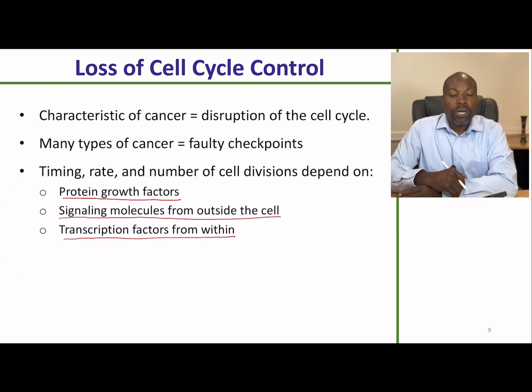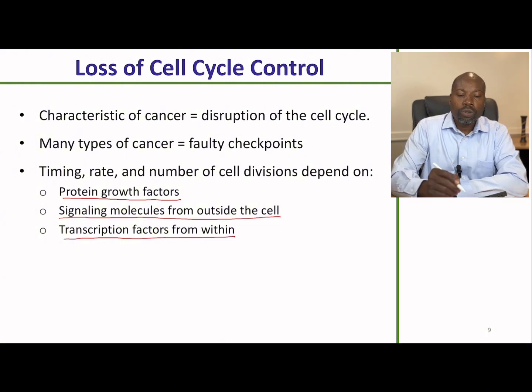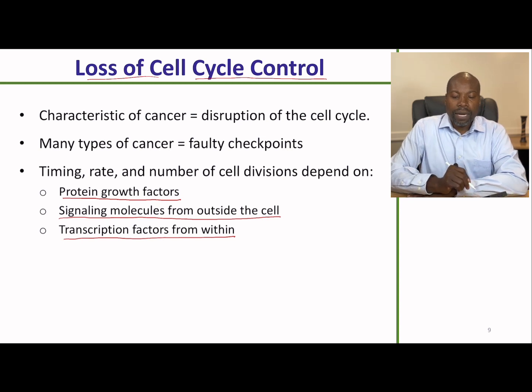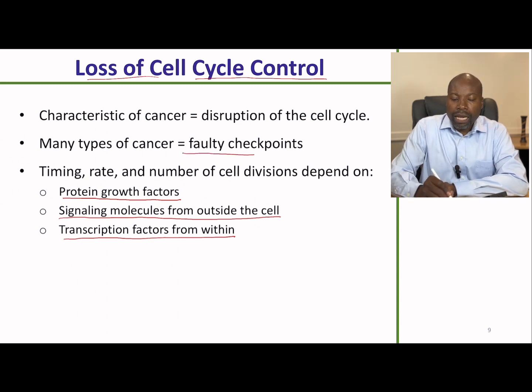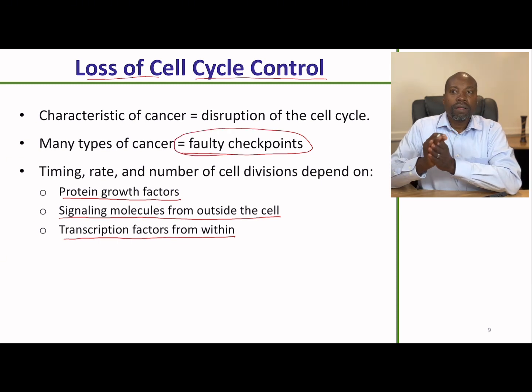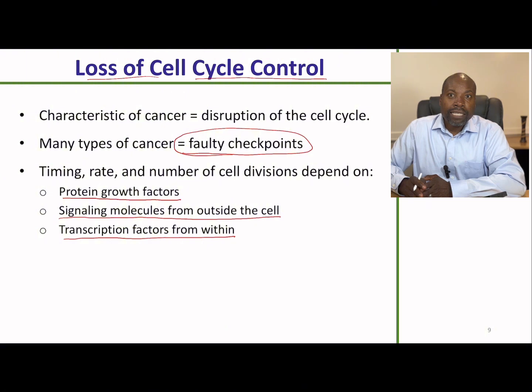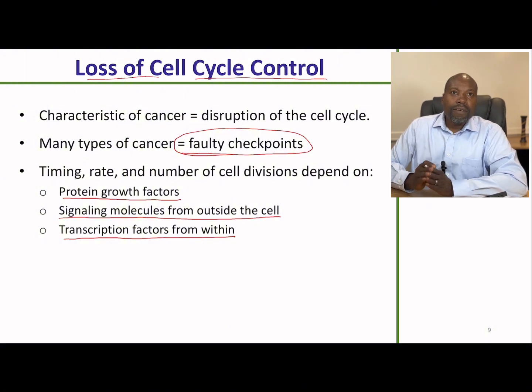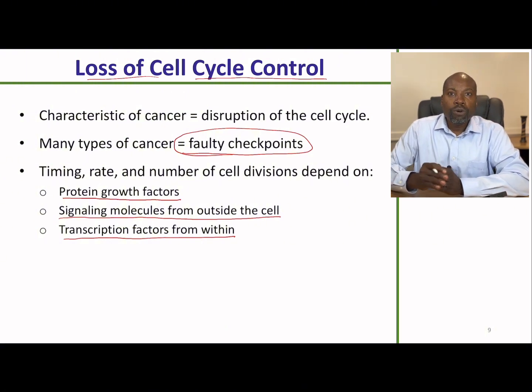All right? So, going back to control in the cell cycle and the loss of control in the cell cycle, checkpoints are the places where the cells are verified to see if everything is okay to move on to the next stage of the cell cycle, or if something is at fault.